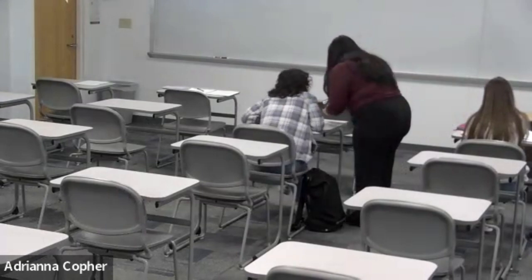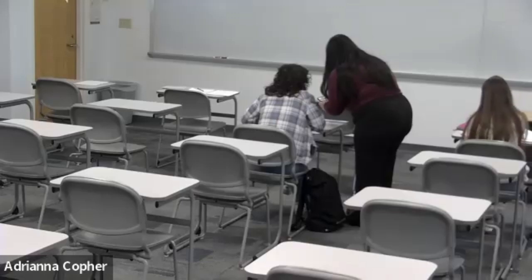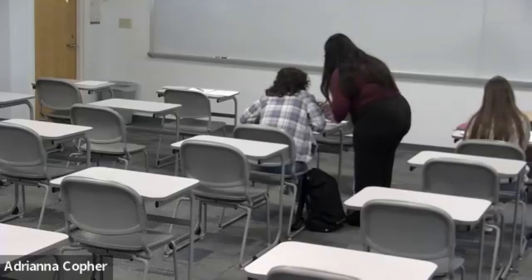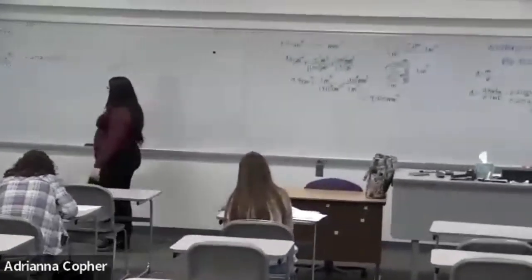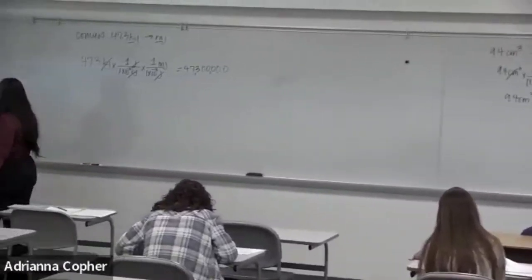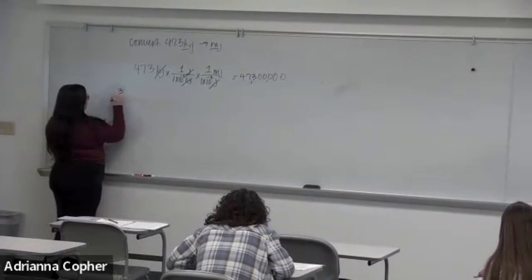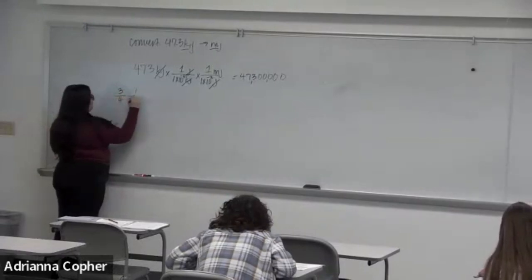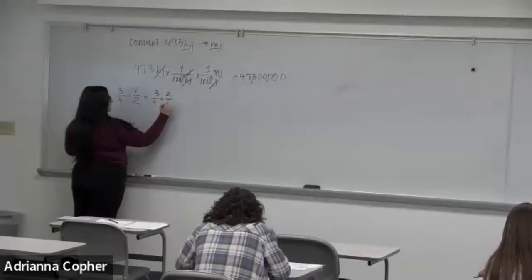Oh, because you don't need to put parentheses around the -3. Because if I divide by fractions, let's say I have 3/4, and I divide by 1/2, which is really 0.5, that turns into 3/4 times 2.